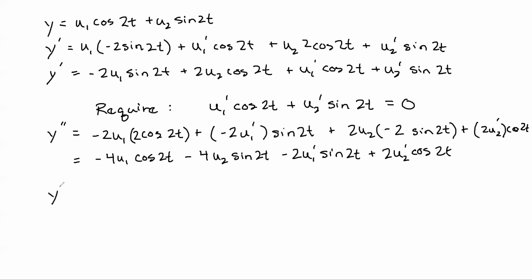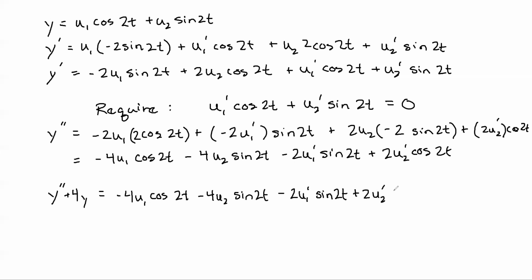So our equation is y double prime plus 4y. So that's going to equal this whole thing. So we're going to have minus 4 u1 cosine 2t minus 4 u2 sine 2t minus 2 u1 prime sine 2t plus 2 u2 prime cosine 2t.